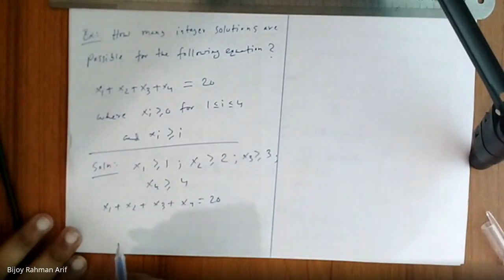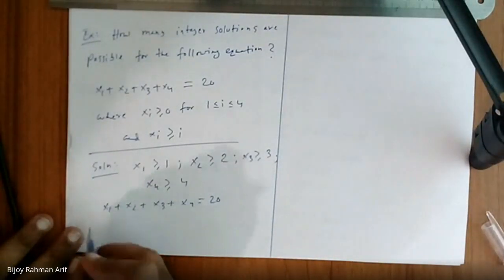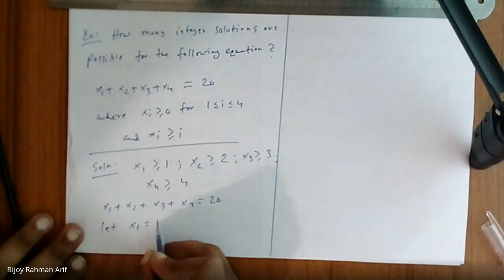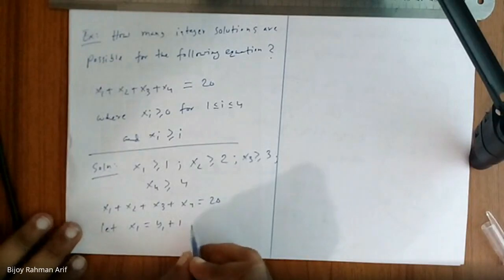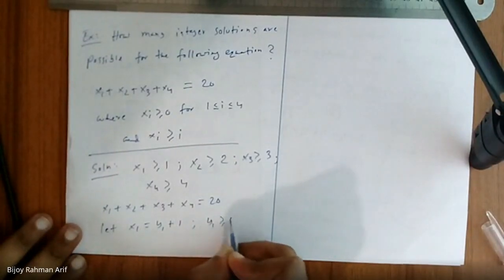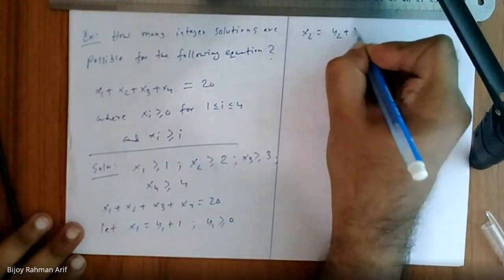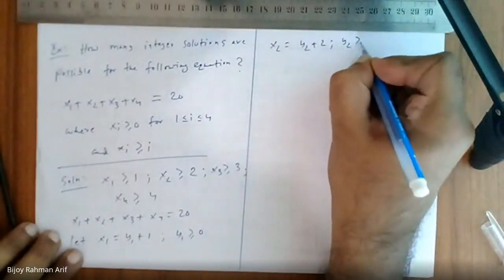So we can consider X1 is nothing but Y1 plus 1, where Y1 is greater or equal to 0. X2 is nothing but Y2 plus 2, where Y2 is greater or equal to 0.